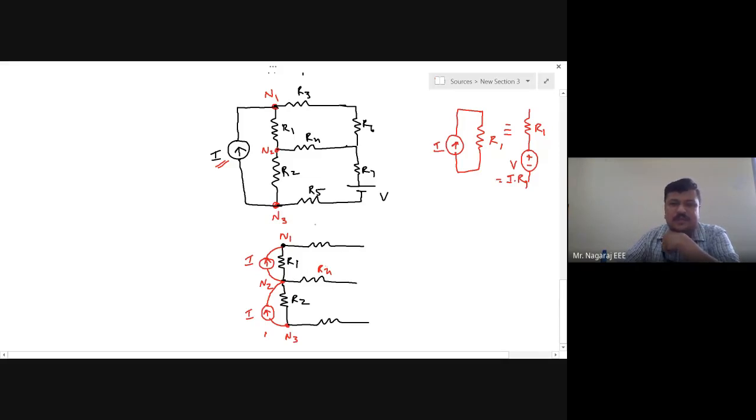So the circuit effectively has not changed its behavior. All the branch currents in the circuit are intact. That is the first thing what we have seen in source shifting. When we shift the sources, the node voltages and branch currents should not alter. Is this justified here? The branch currents are not altered.